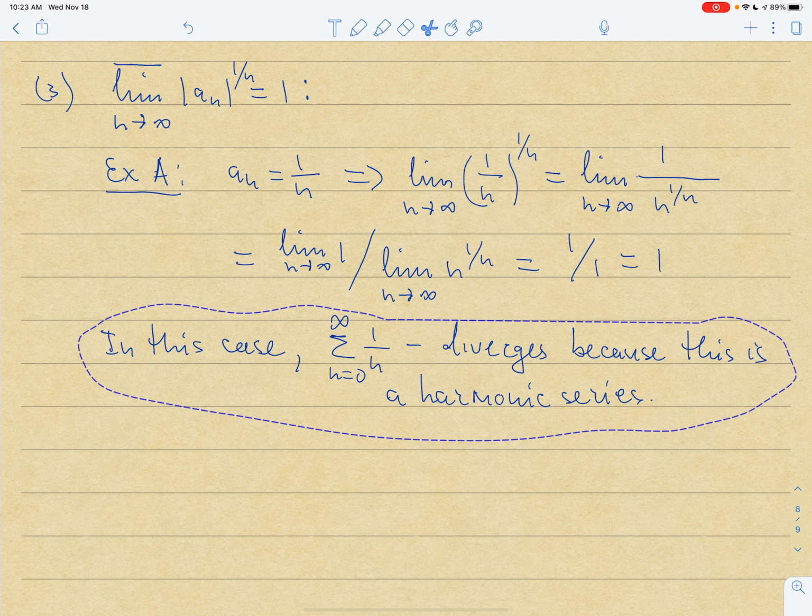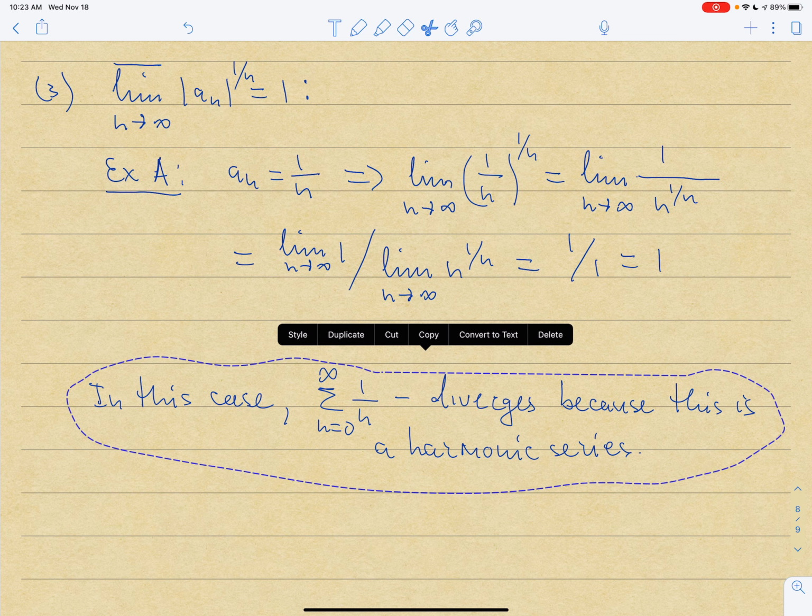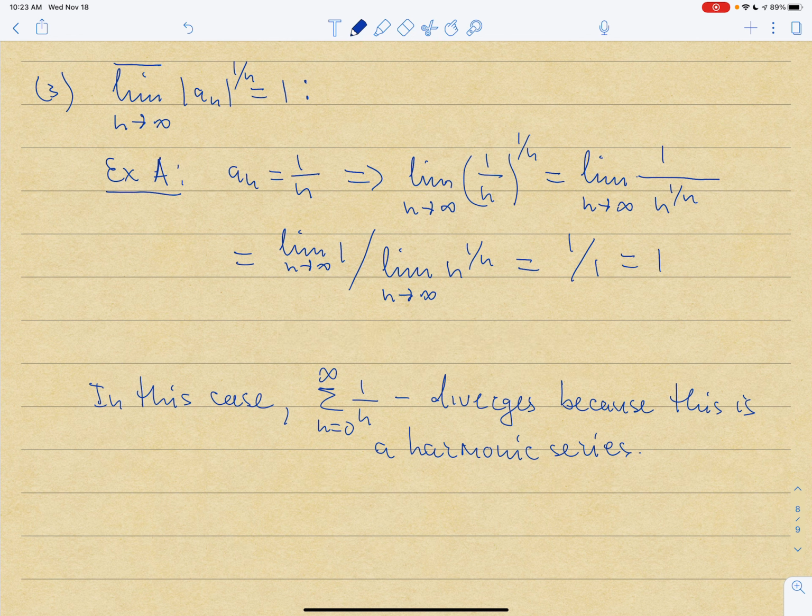And in addition, one thing that I am missing here: if the limit of 1 over n to the power 1 over n exists and is equal to 1, then the lim sup, right? If a limit exists, then the lim sup is equal to the lim inf, and both are equal to the limit. So lim sup is equal to 1. So alpha is equal to 1 in this case, and the series diverges.